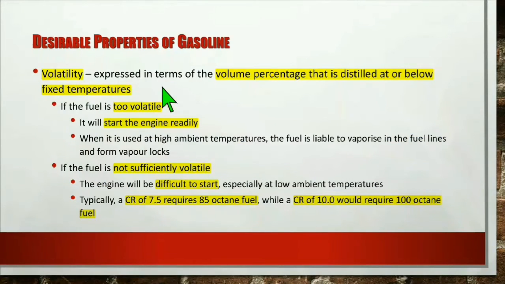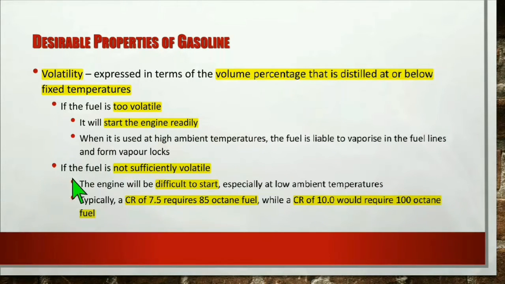Volatility, expressed in terms of the volume percentage that is distilled at or below fixed temperatures. If the fuel is too volatile, it will start the engine readily. When it is used at high ambient temperatures, the fuel is liable to vaporize in the fuel lines and form vapor locks.